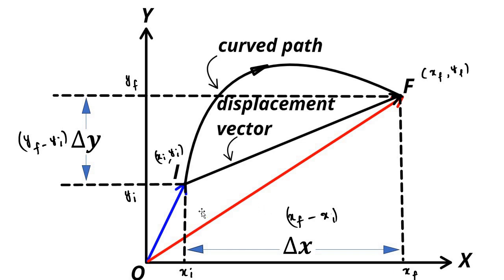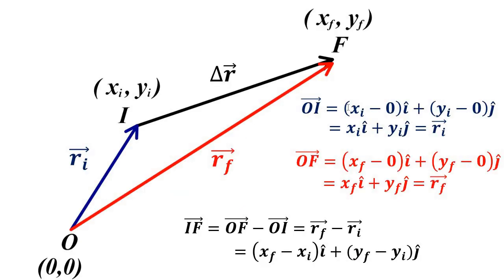Now let us say we have to represent this displacement vector IF. Here, in terms of position vectors, we have to represent it like this. First we represent the position vector for the initial point I, which has x component xi and y component yi, which is xi i cap plus yi j cap.